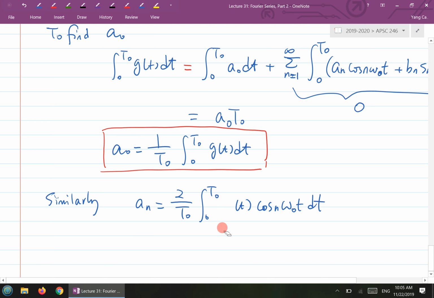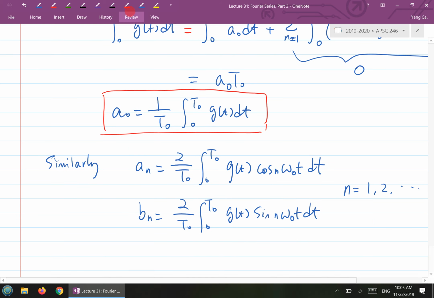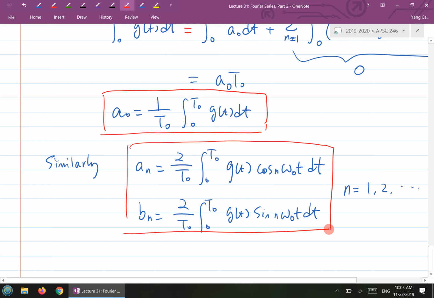So this is the formula for an, and bn is this, and n equals 1, 2, up to infinity.